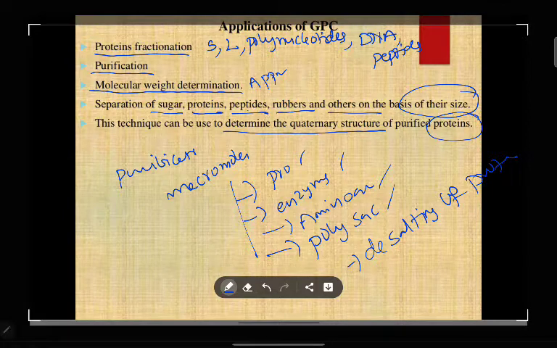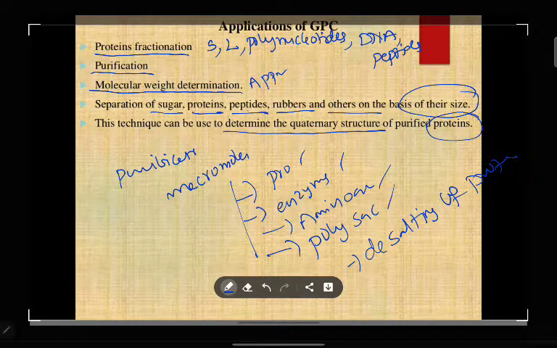After filling this gel inside your column, you have to saturate it with mobile phase. If you do saturation, the empty space existing in between your stationary phase will be filled with your mobile phase. For that purpose, we are doing the saturation. That empty space volume is called void volume.